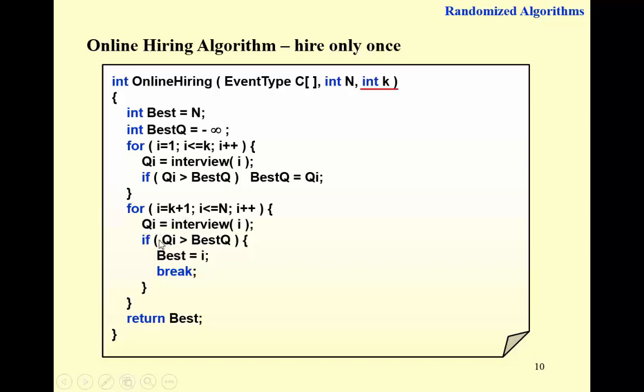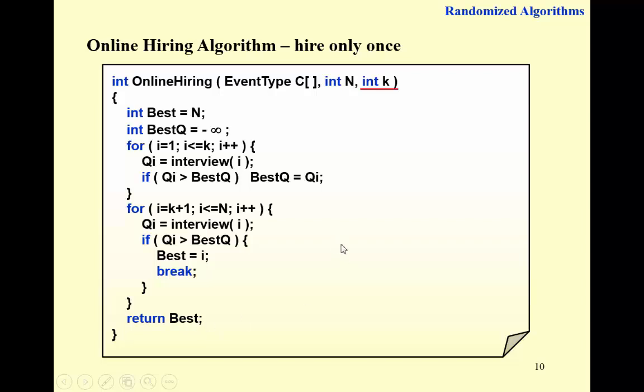As soon as we find one candidate that is better than, notice here that we have used the first K candidates to set up a quality standard, right? As soon as we find one candidate whose quality is better than the best quality, we update it and break and hire this one. Then obviously you can see that there's no guarantee that the one we hired is really the best one, right?